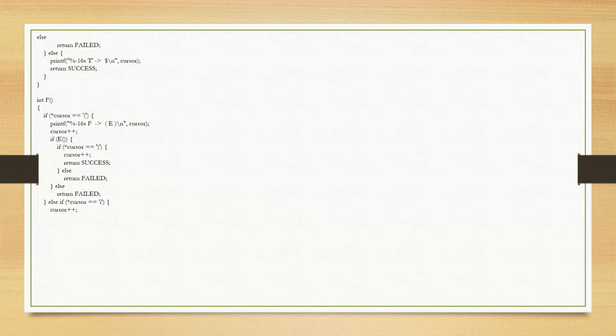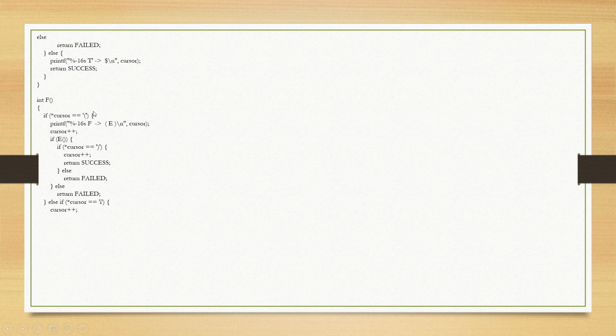Again we have the else if statement, where if this condition is true, then it will return success, else it will return a failed value. Next variable is the F variable, where this will be equal to the open bracket.